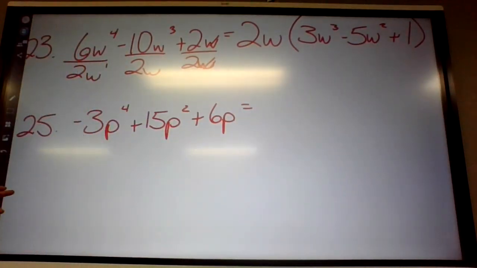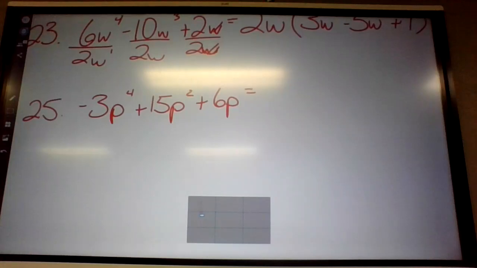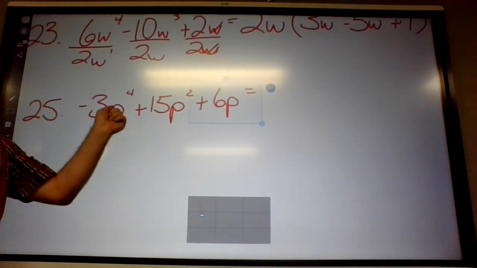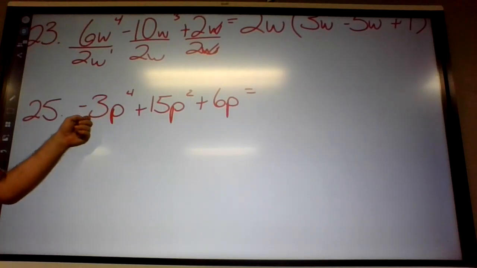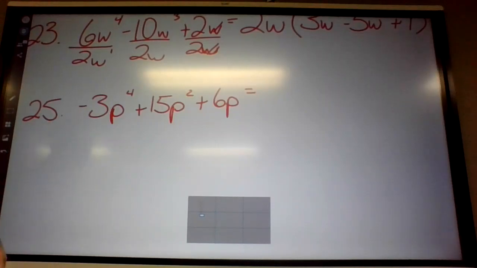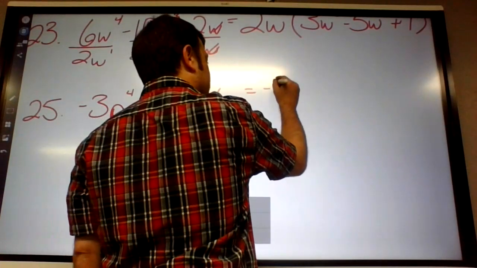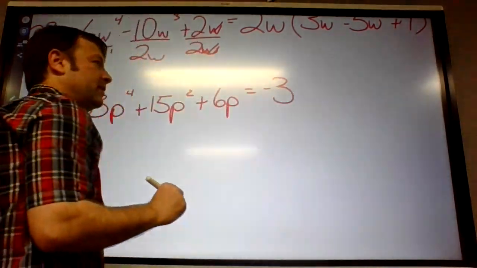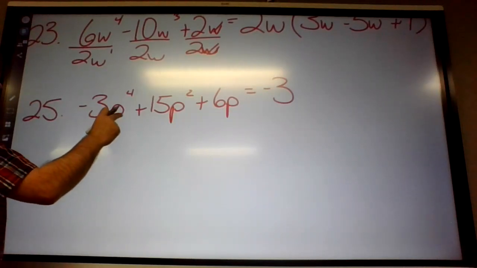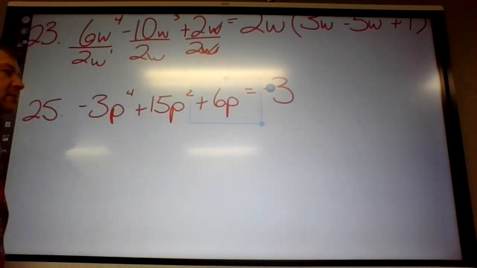Alright, Allison, what can we take out of this? You could take out just a normal 3. Yeah, let's go ahead and take out a negative 3. That might make it a little more confusing taking out a negative, but we'll look at it. Okay, and then how many p's can we take out?